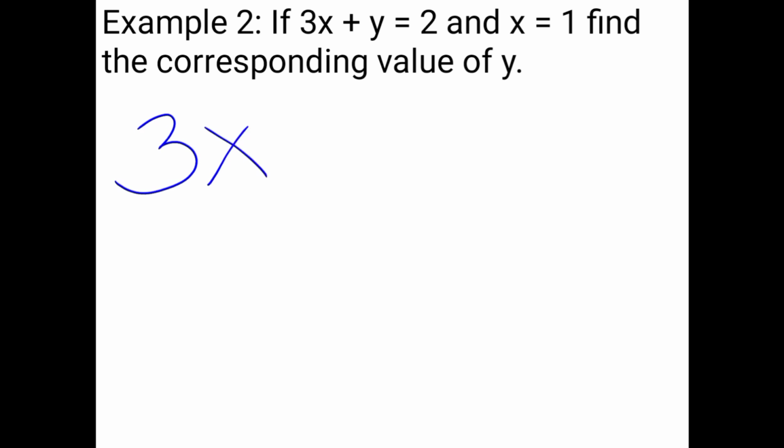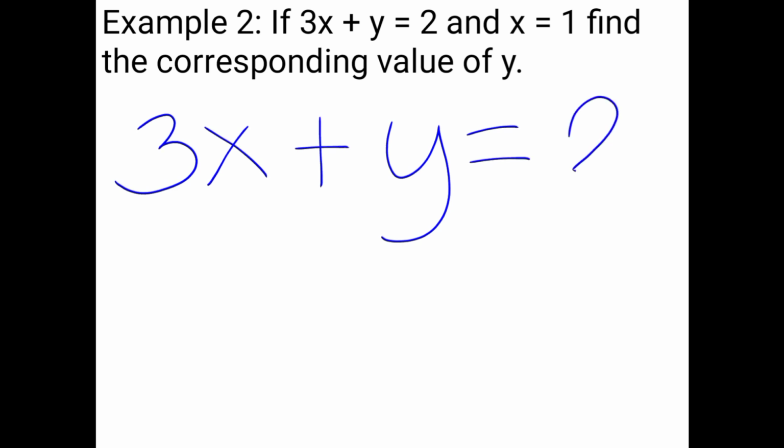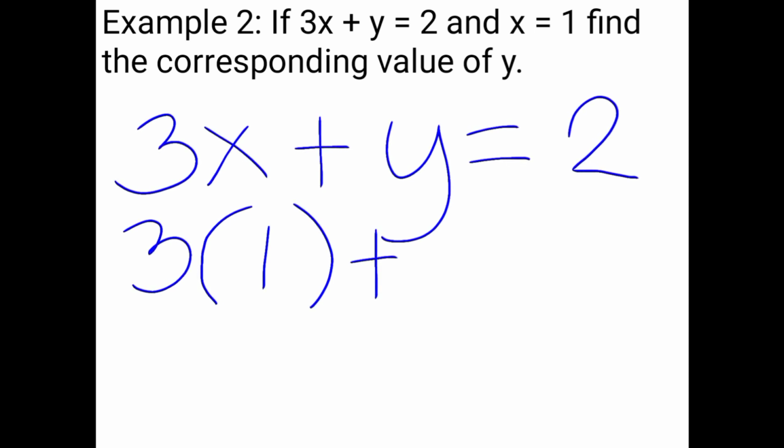So 3 multiplied by the value of x, which is 1, plus y equals 2. Make sure the equal sign is aligned so you can easily identify the left and the right side.